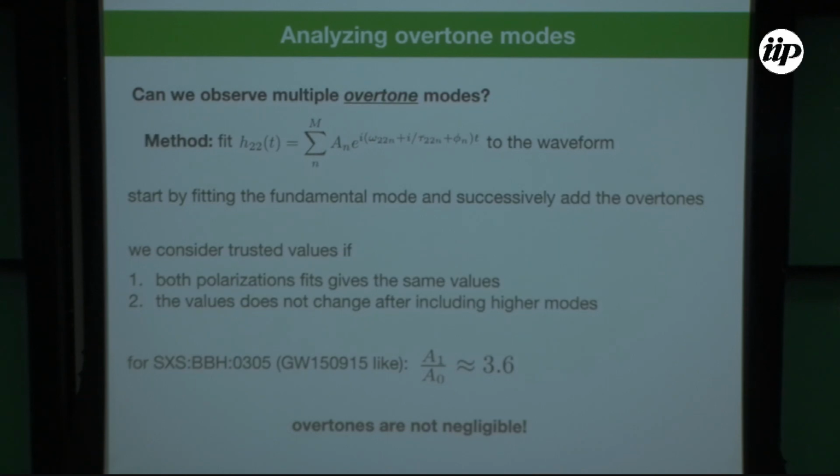First of all, we can fit these functions for the imaginary part and the real part of the wave, which I told you were the plus polarization and the cross polarization. And our condition is that the amplitude we get for each overtone must be the same for both polarizations.